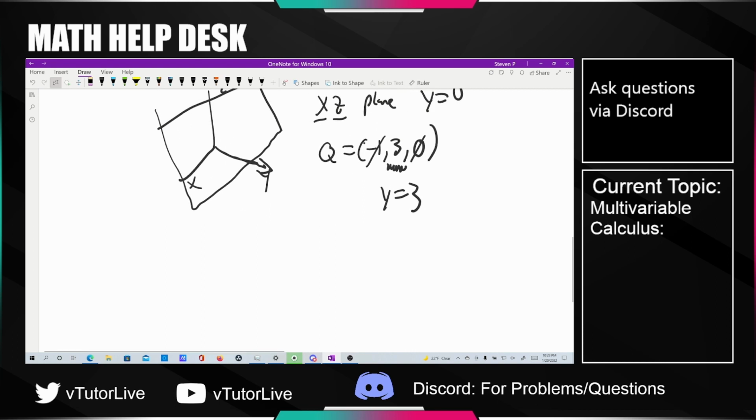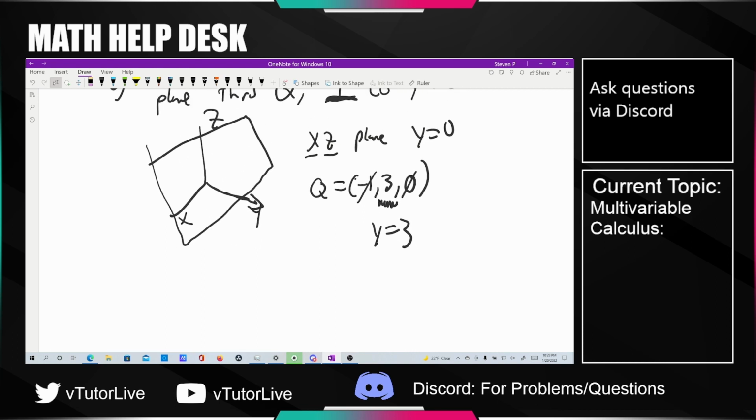I had a question. So for the perpendicular to the y-axis, it would have to be y equals 3 just because a plane that is perpendicular to the y-axis through Q would have to share the same y coordinate, right? In order for them to be perpendicular, right? Well, it's not that it's in order for it to be perpendicular.